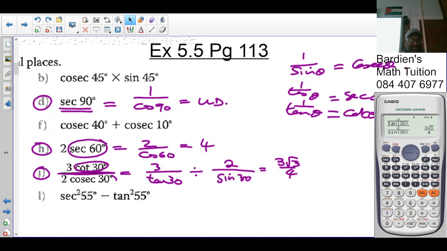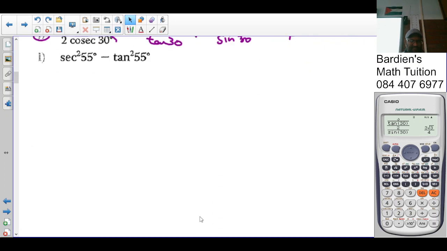So solving right angle triangles, and then you write given a side and an angle. Given a side and an angle.